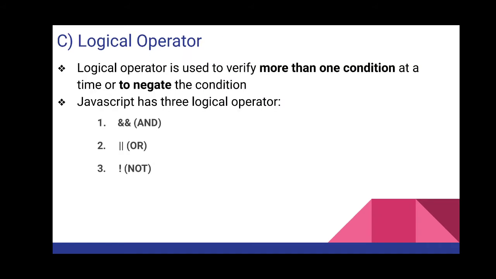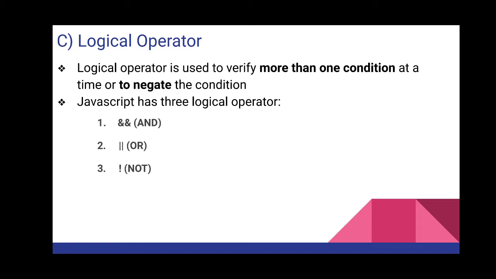Now students, this is the logical operator, which is the last group of the operators which we will be studying. Generally this logical operator is used when you need to check for multiple conditions.